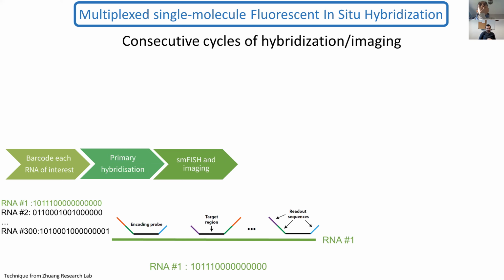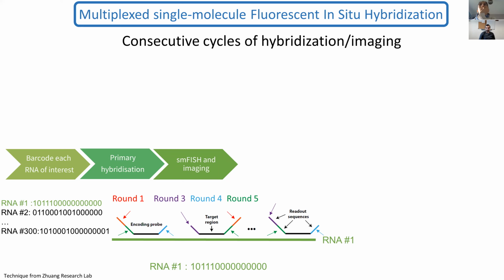Then you have your tissue that is ready for consecutive cycles of hybridization and imaging. As you can see, your primary probes can be recognized with secondary probes. So if you take RNA number 1, in the first round of hybridization, with the secondary probes, you are going to recognize RNA number 1.